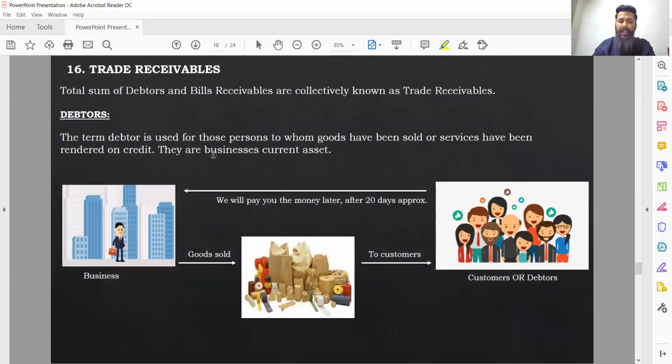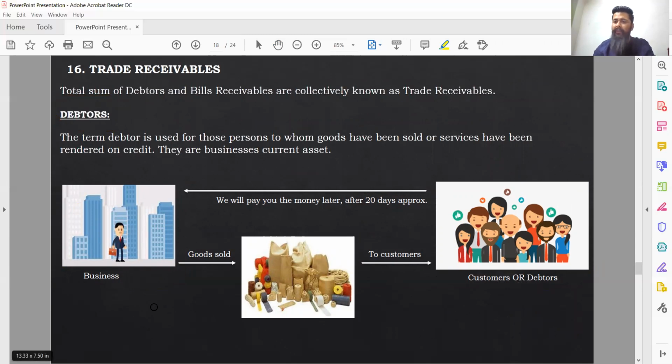In our previous discussion about debtors, debtors promised to pay a certain sum of money after expiry of a specified period of time. They merely promised to pay. There was no legal document executed between customers and the business.